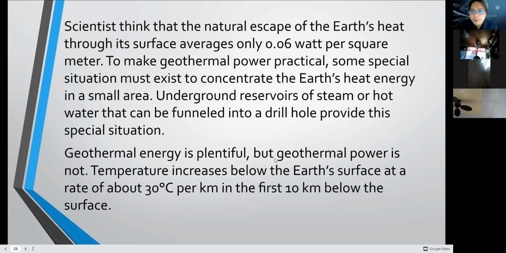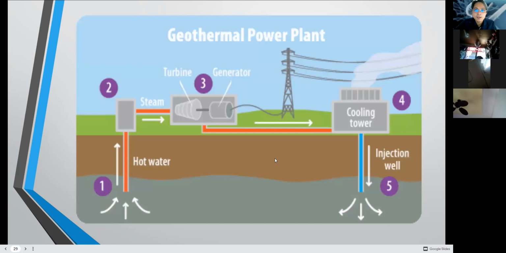Geothermal energy is plentiful, meaning many, but geothermal power is not. Temperature increase below the Earth's surface is at a rate of 30 degrees Celsius per kilometer in the first 10 kilometers below the surface. This is now the concept of the geothermal power plant.